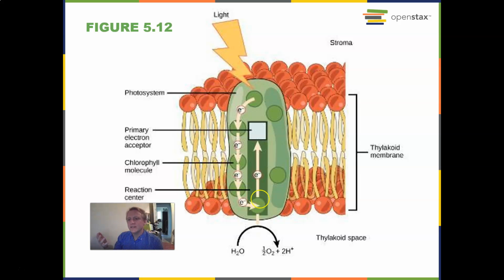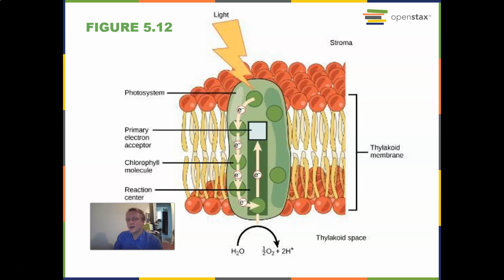So in this reaction center here, this electron gets excited, and what has happened to that original molecule? There's like a hole, basically, where there is a missing electron. And so this photosystem is going to come in and steal an electron from water.